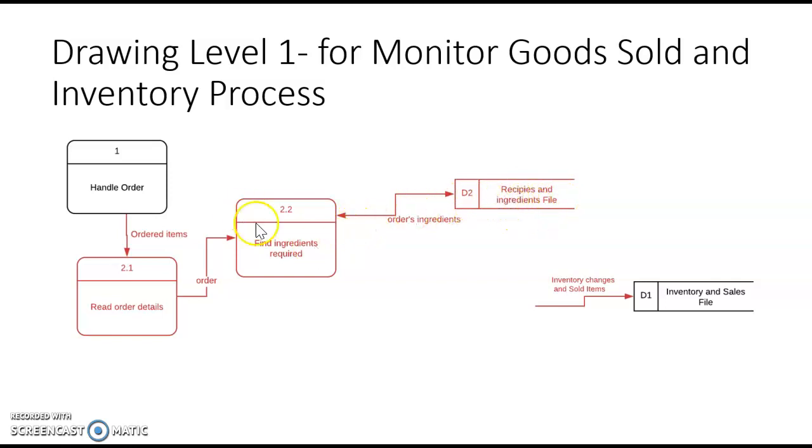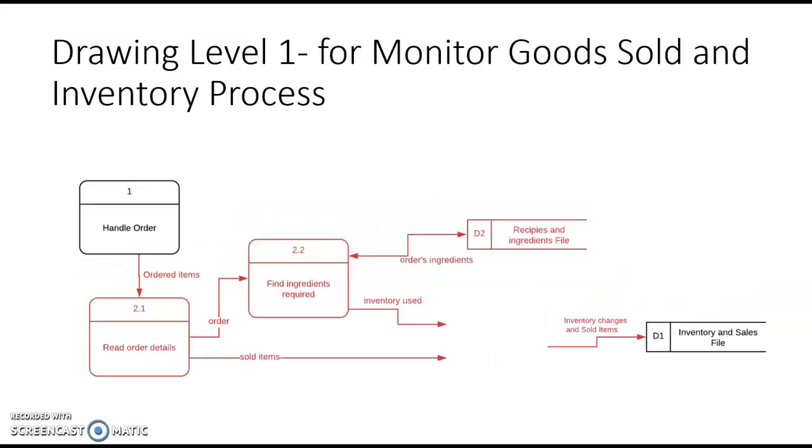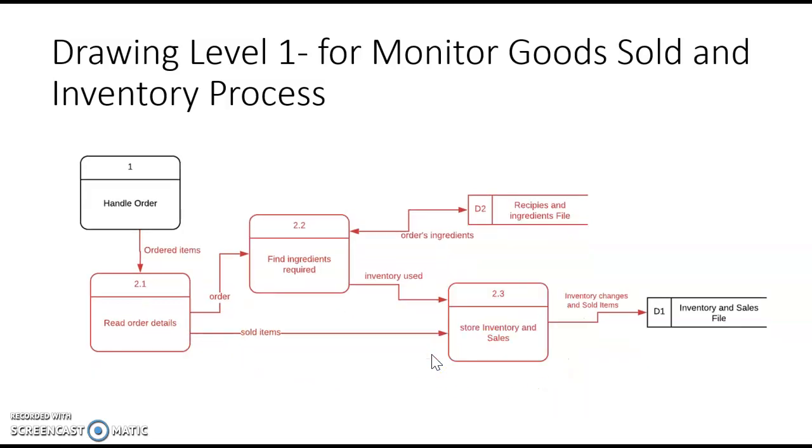What should I do with that? I will need to get the inventory used for this burger, get the sold items, and then store the inventory and sales into the storage. That way I will be developing the monitor goods sold and inventory process from level 0.